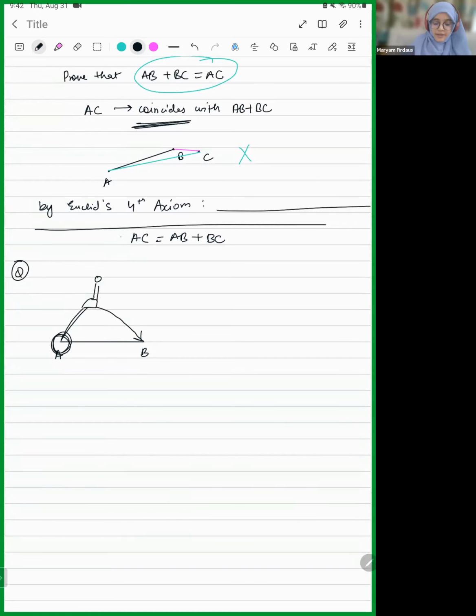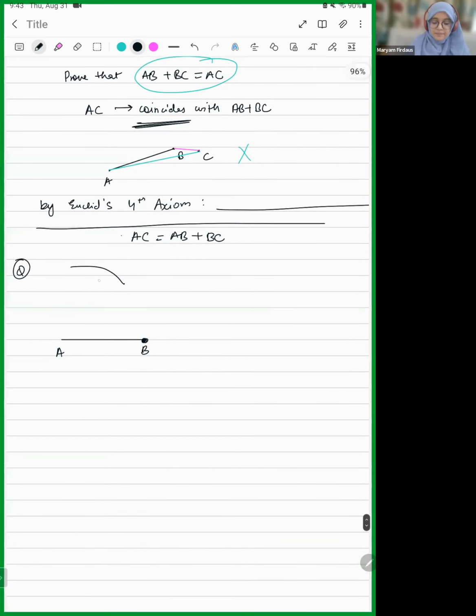Now with A as center, don't remove the needle. Make an arc with the same radius, meaning don't change the angle of the compass. Make an arc over here. Now take B as center, keep the needle on B, but don't change the radius of the compass.